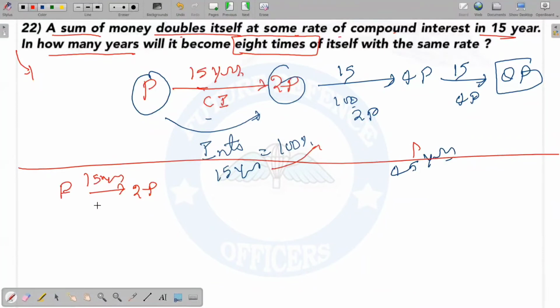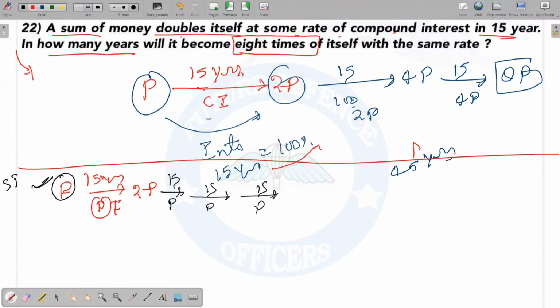The interest is P rupees for 15 years. Next year the interest will be calculated only on the money which you invested, that was P, means again the interest will be P. Then again in the next 15 years it will be P, because interest is calculated on the money which you invested.